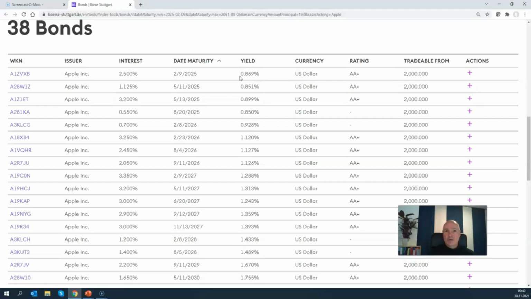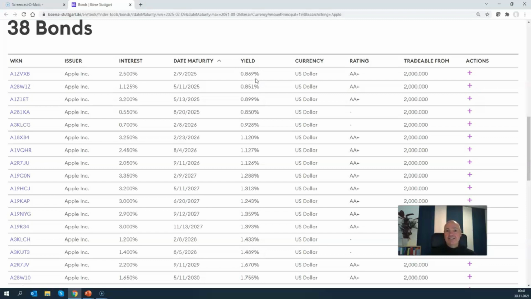Now, as we learned before, premium bonds, being traded above par value, have a current yield which is lower than the coupon rate, and discount bonds, which are traded below 100 or 1000, have a current yield which is above the coupon rate. Now we can say we have a current yield of this bond of approximately 0.87%.